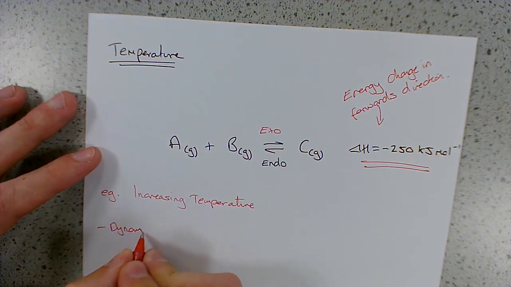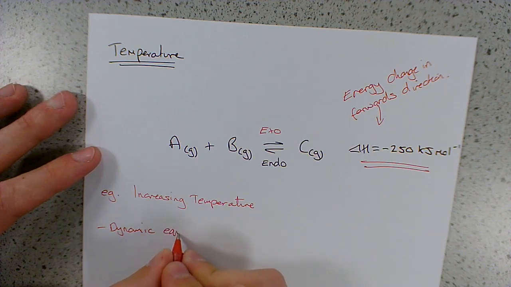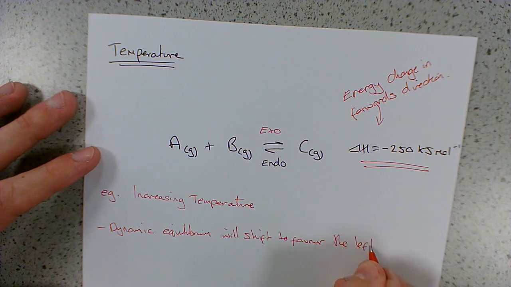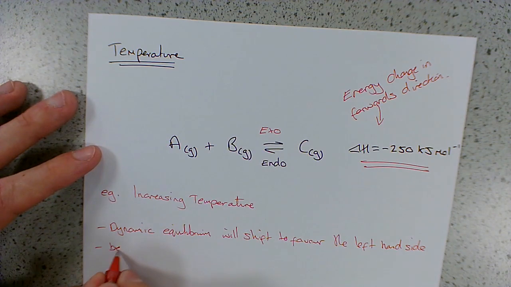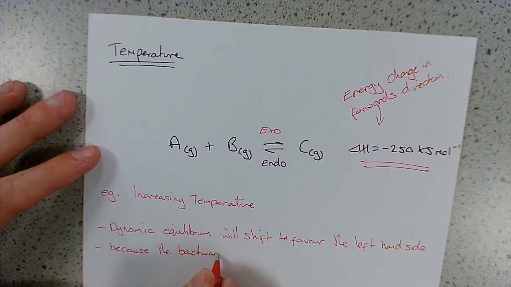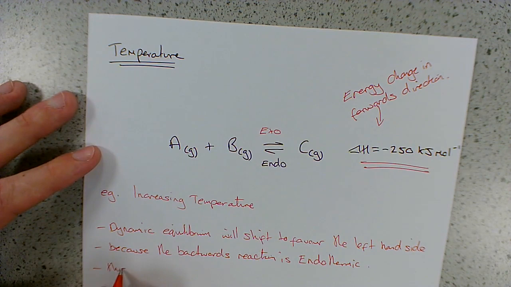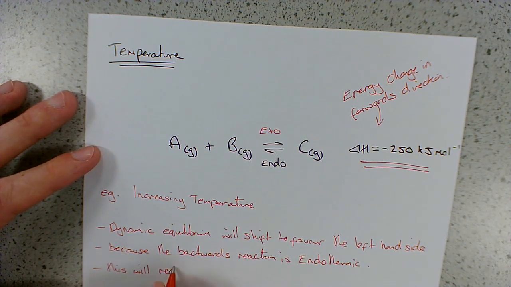So the dynamic equilibrium will shift to favour the left-hand side because the backwards reaction is endothermic. This will reduce the temperature.